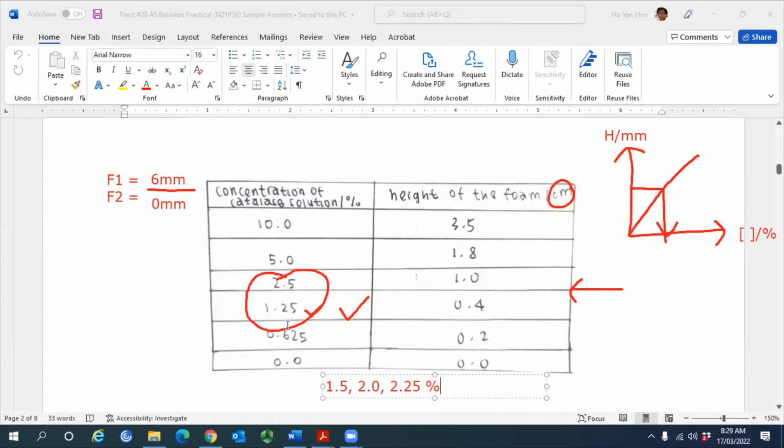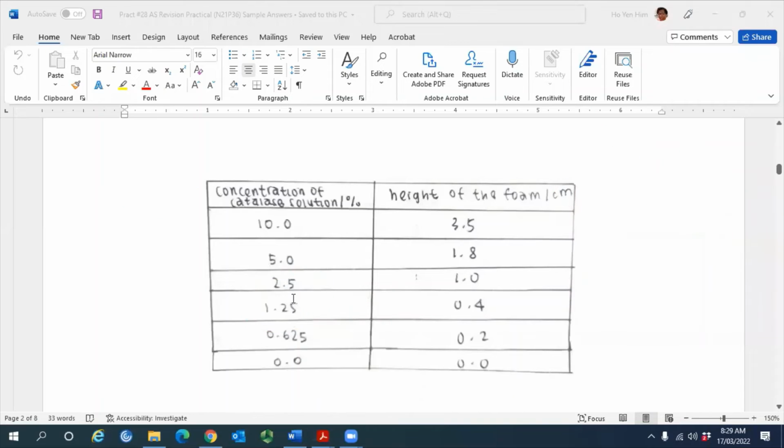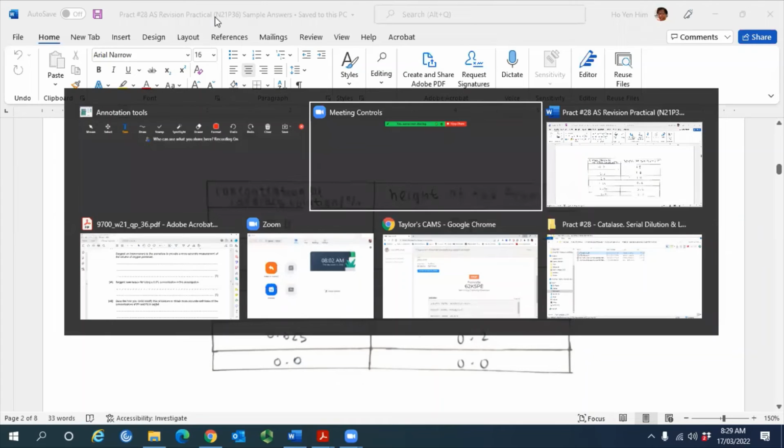Then from there, read the closest foam height. From 6 mm, you read the closest foam height and then check what is the concentration. Okay. So this is information that you need to know on how to improve the accuracy of your experiment.